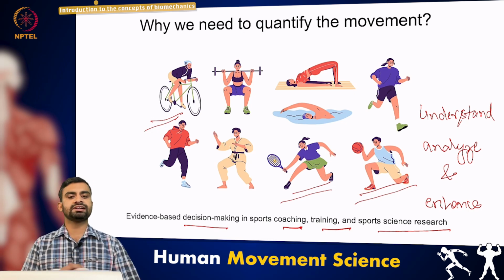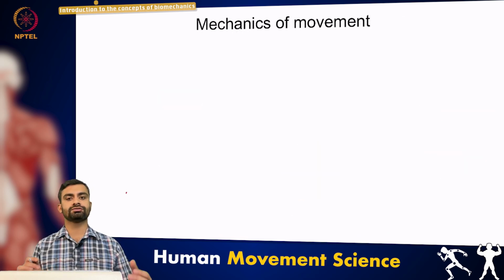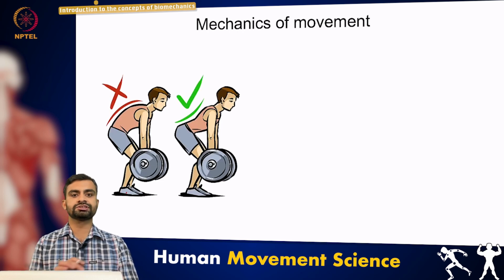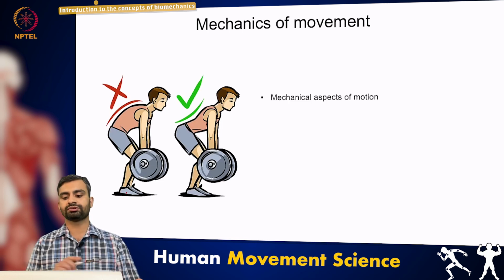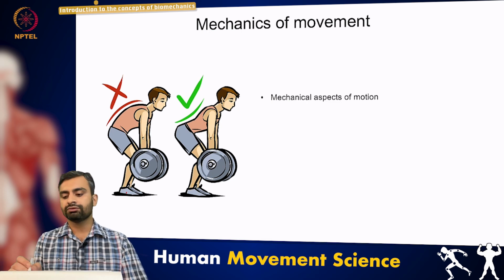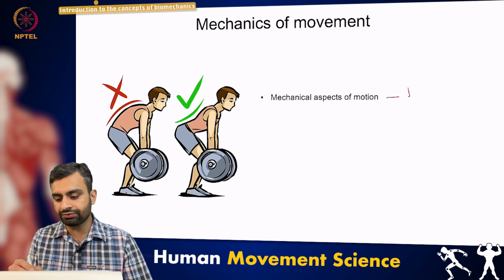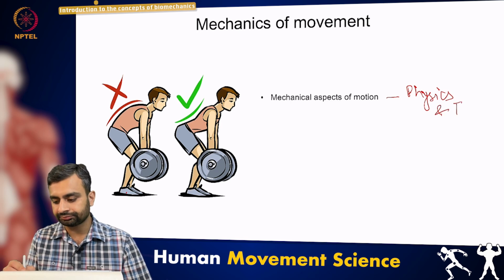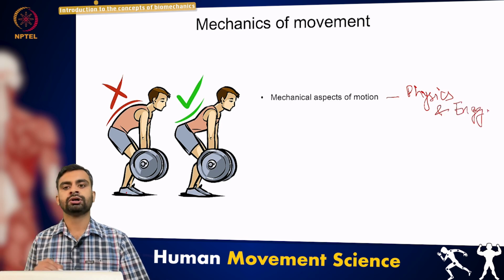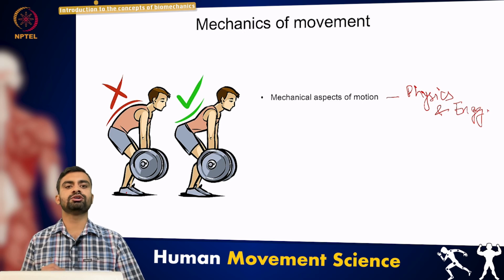There are several reasons why we need to quantify the movement in biomechanics. However, some of the important ones include mechanics of movement. This includes the mechanical aspects of motion. Here we will utilize the principles from physics and engineering to examine and understand the movement.